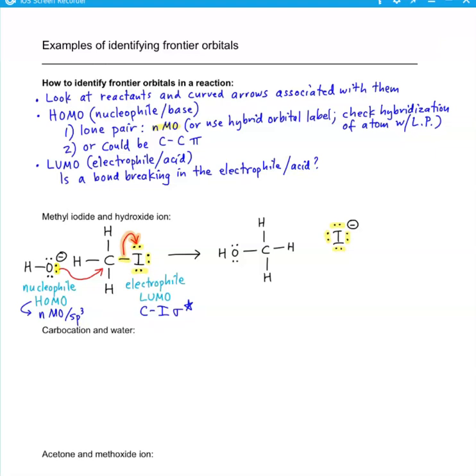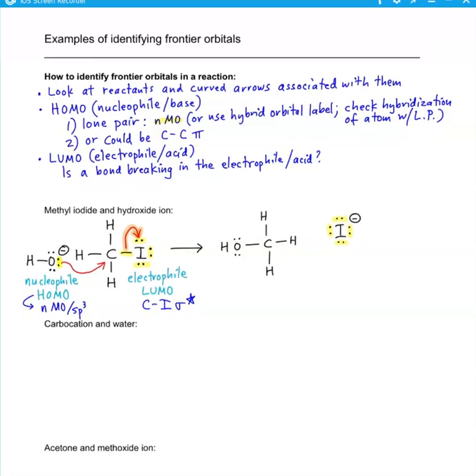You have to identify and specify the atoms involved in the bond. Okay, so up above here, when we ask the question, is a bond breaking in the electrophile? If the answer is yes, the LUMO is the antibonding orbital of the breaking bond.